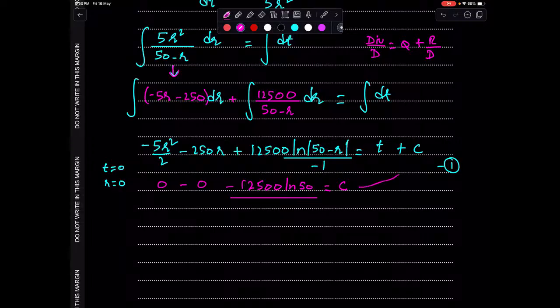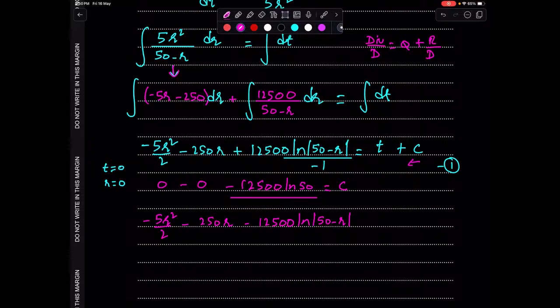Now substitute C here. So minus 5r square upon 2 minus 250r minus 12500 ln 50 minus r.